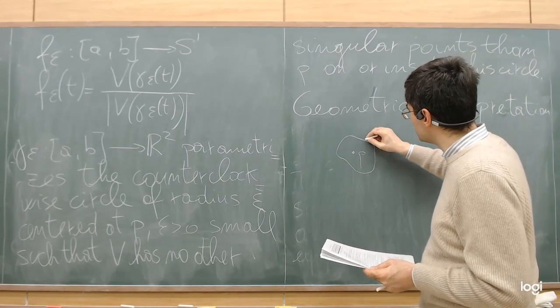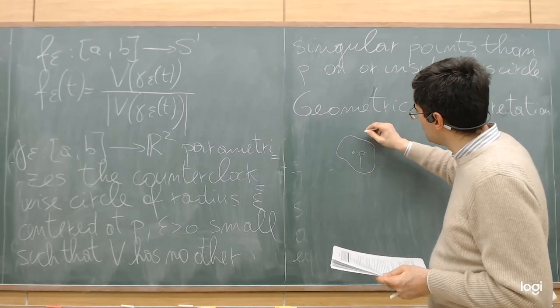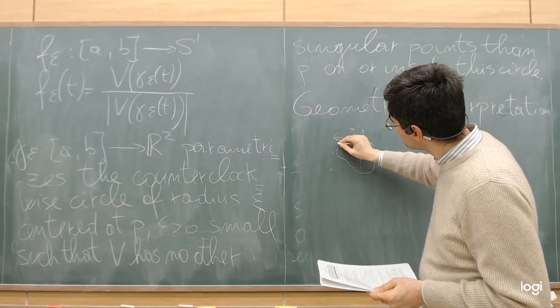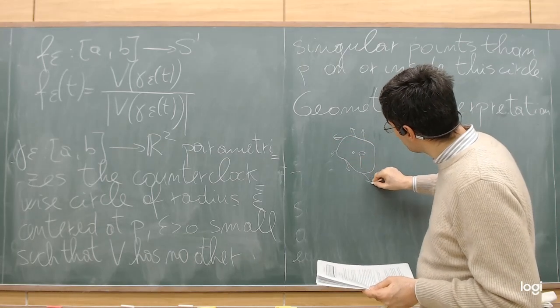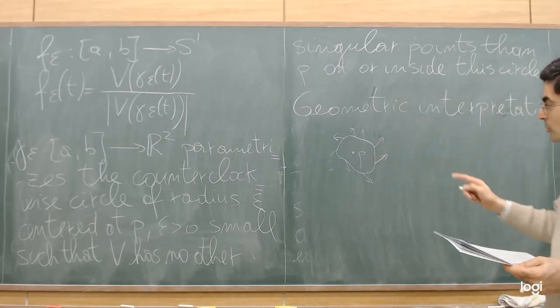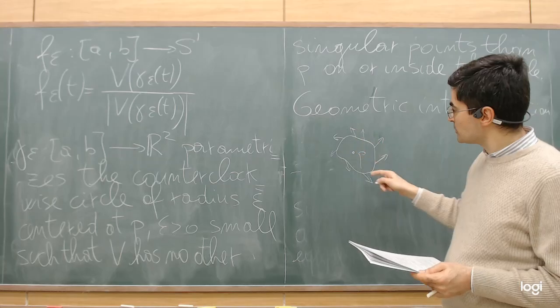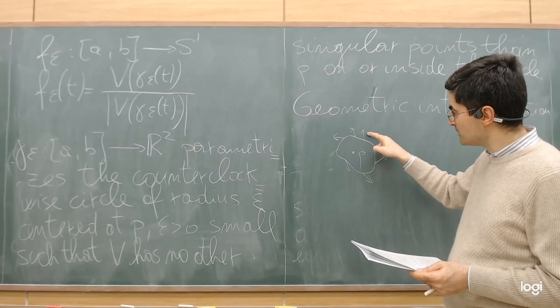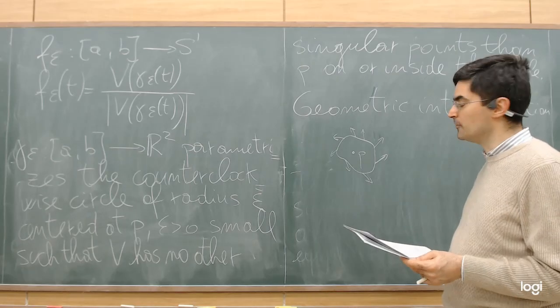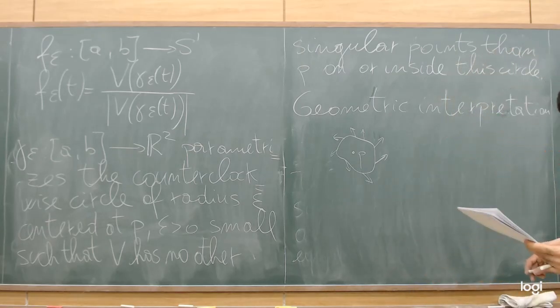So suppose that the vector field along this curve points this way, for example. If you travel along this curve facing in the direction given by these arrows, how many counterclockwise rotations do you perform?